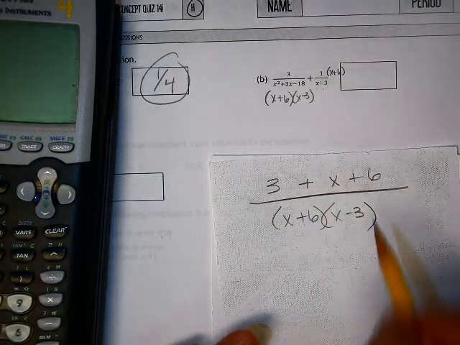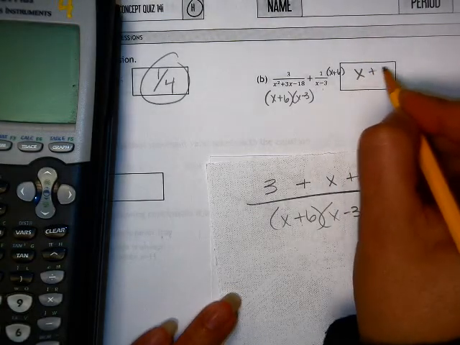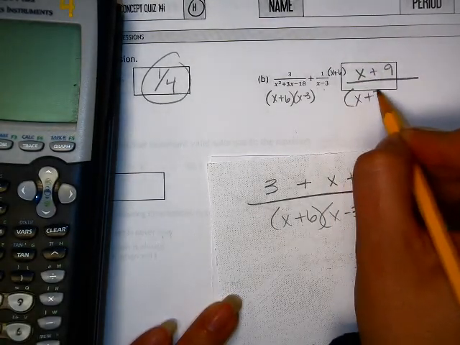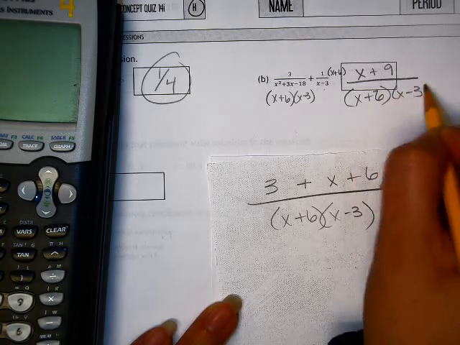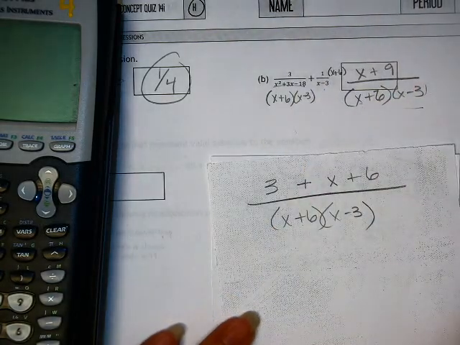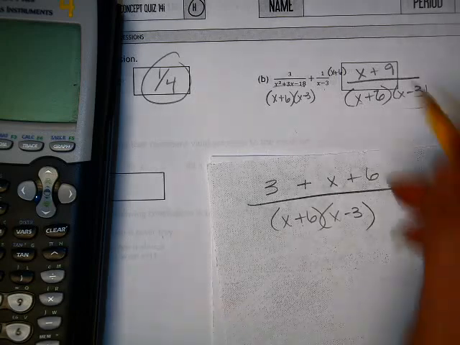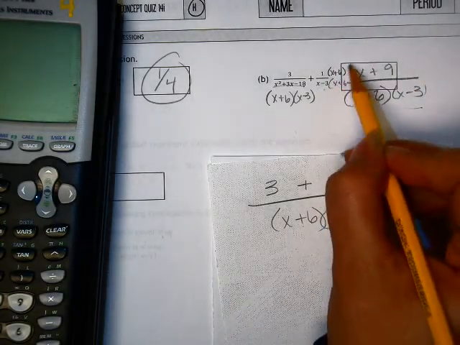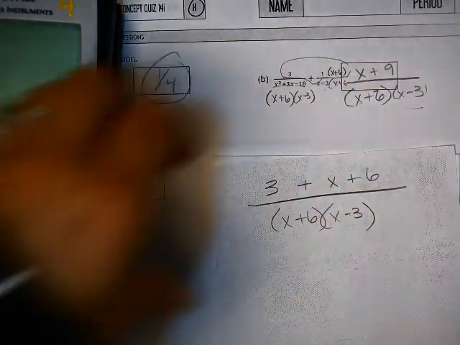And so my numerator becomes x plus 9, and my denominator stays. At this point you can leave it like that, or you can multiply back out. Either one is fine. But after you get your common denominator, then you need to actually do your addition problem.